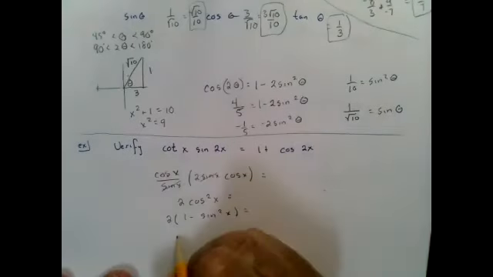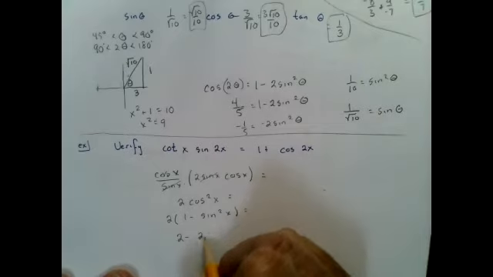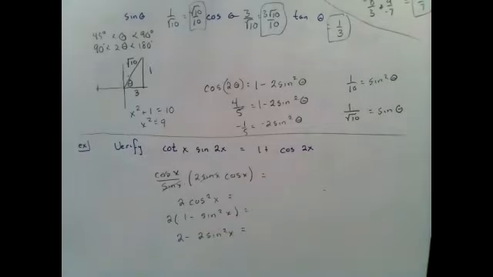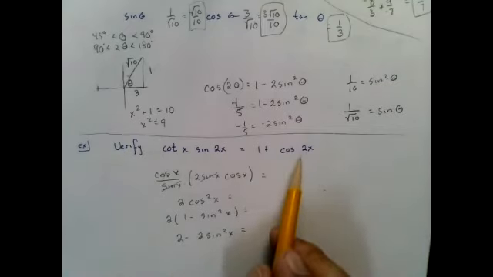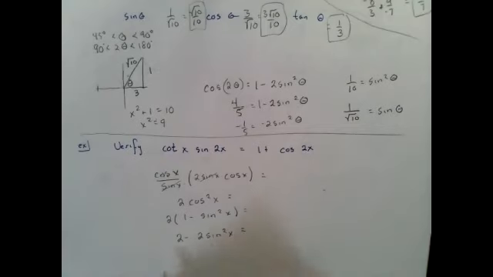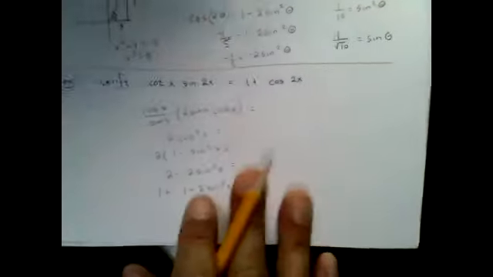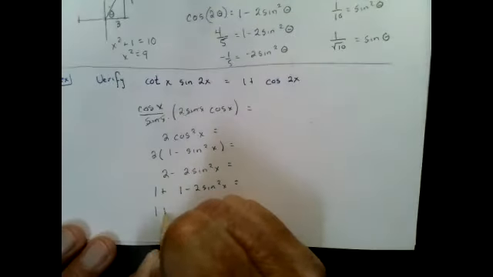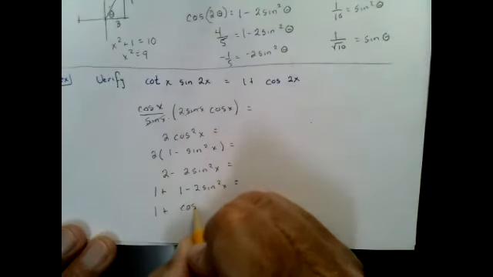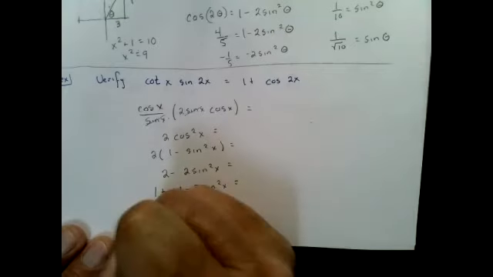I'm going to distribute: 2 minus 2 sine squared of X. Because I know what I want this to be now that I see some of this, I'm going to make this 1 plus 1 minus 2 sine squared of X. And by definition of the cosine of 2X, yep, that is in fact the cosine of 2X.